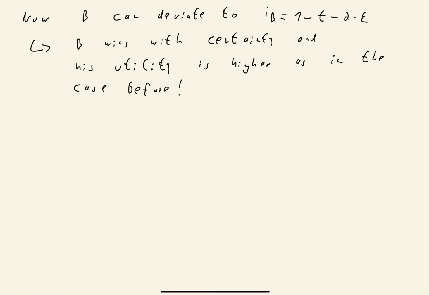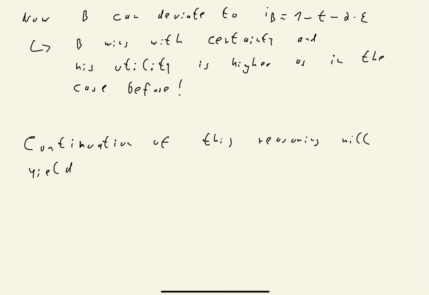And as a consequence, if you continue this reasoning, the continuation of this reasoning will yield IA, IB being equal to I star equal to 1/2, 1/2.